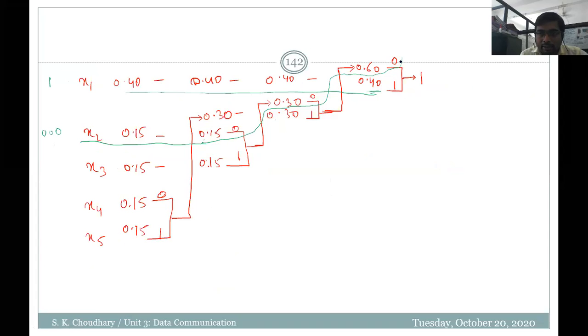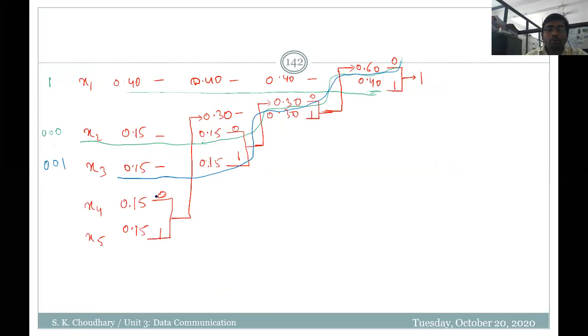Now we have to see the tracing path. Again, this is the tracing path, 0.60. Then obviously this 0 is there, and then this 1 up to this point. So it would be 0, 0, 1.